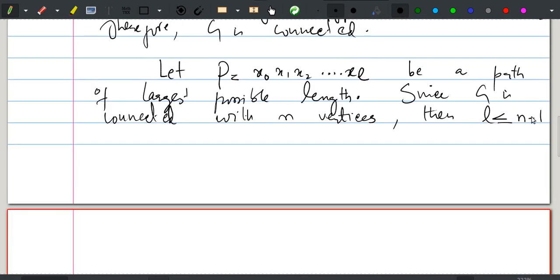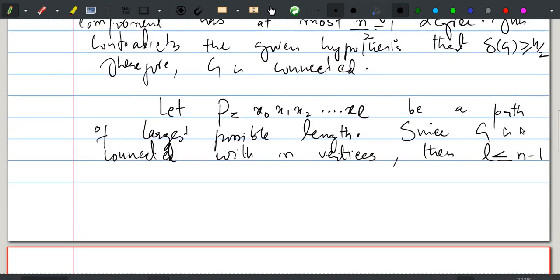Now note that if L is equal to n minus 1, then this path contains n vertices. G is a graph on n vertices, so this path contains all the vertices of G. In that case, this path will be a Hamiltonian path, and the cycle which starts from x0 and ends at x0 will be a Hamiltonian cycle.